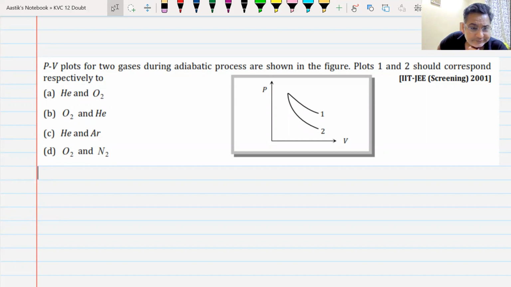Plot 1 is for which gas? Plot 2 is for which gas? And the answer is A. And the answer is B, my dear friends. How many times we have done this question, still we don't understand.